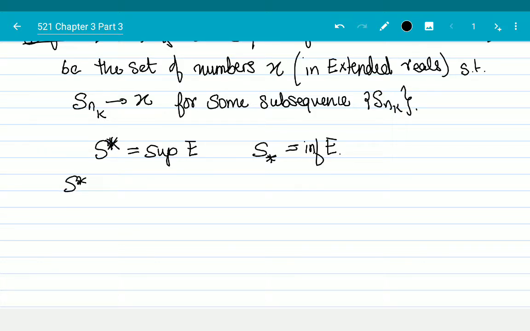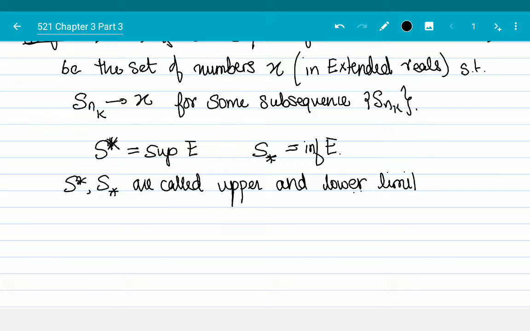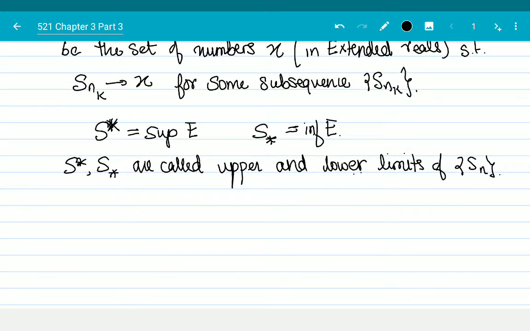S upper star, S lower star are called upper and lower limits of Sn, and often denoted by lim sup Sn and lim inf Sn.